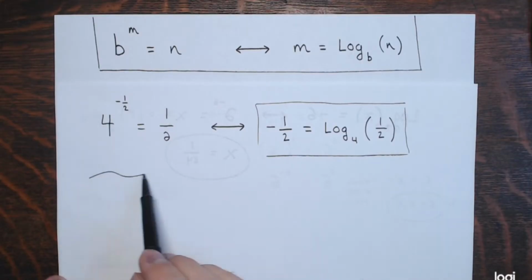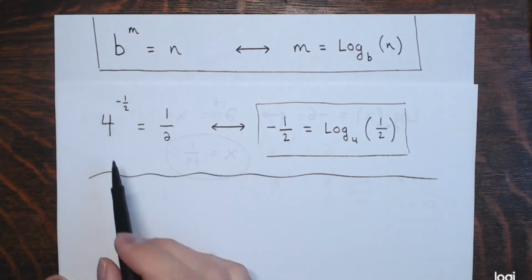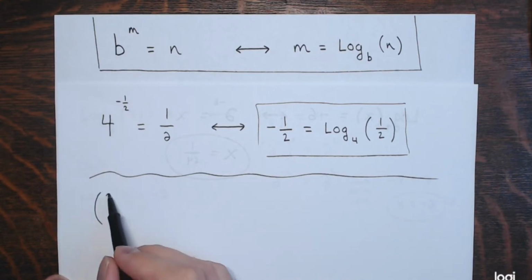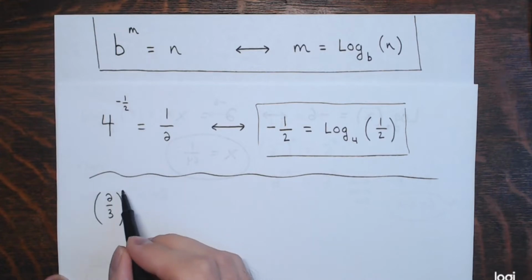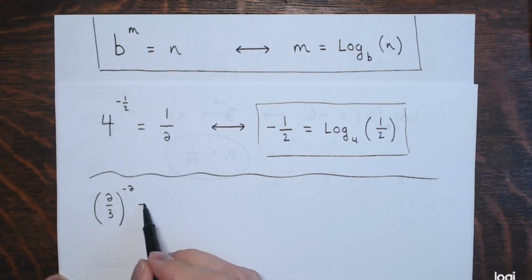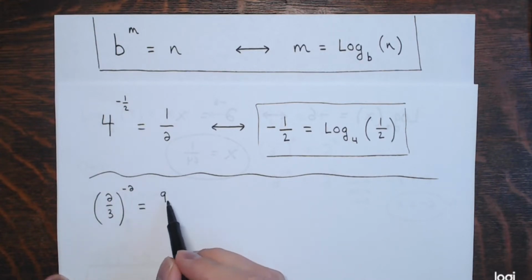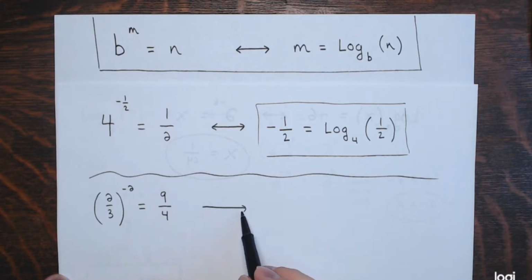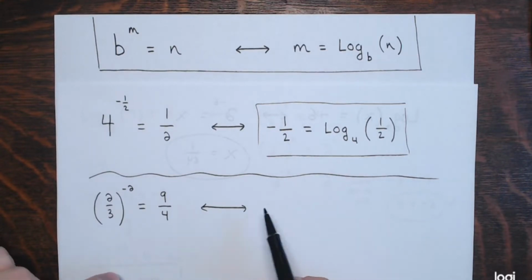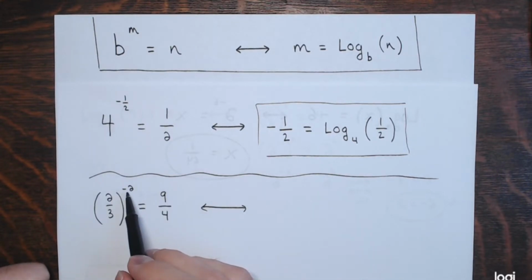Let's do a little wave here. Now the exponential statement we're given is 2/3 raised to the -2nd power equals positive 9/4. There's exponential form. Now remember, when I convert this to logarithmic form, the exponent is equal to the logarithm.